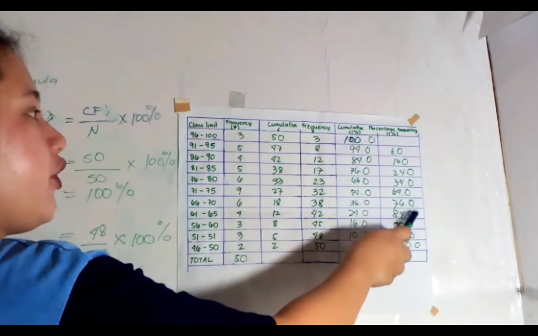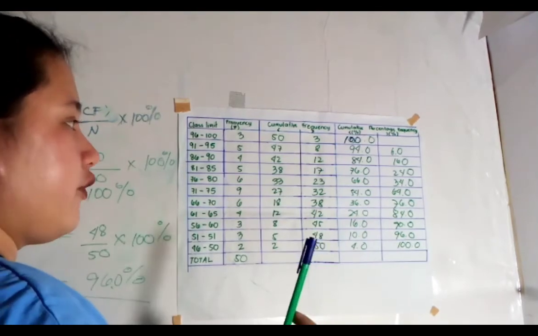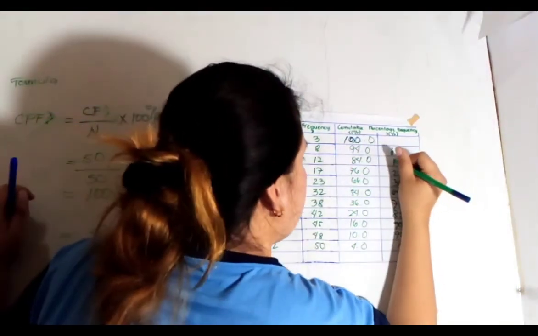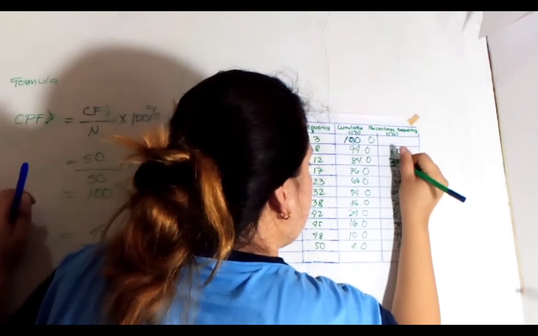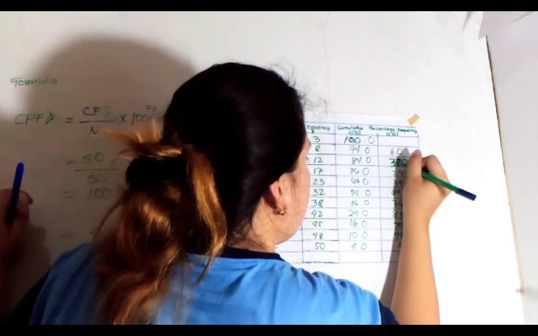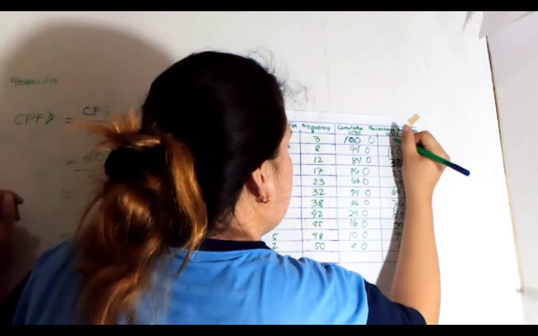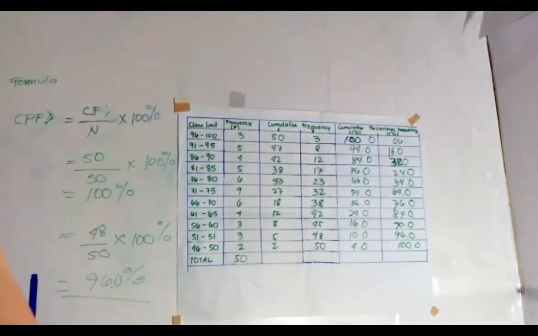So on and so forth. That is how to find the cumulative frequency. The cumulative 32.0, 16, and 06. And that is how to find the cumulative percentage frequency greater than percent.